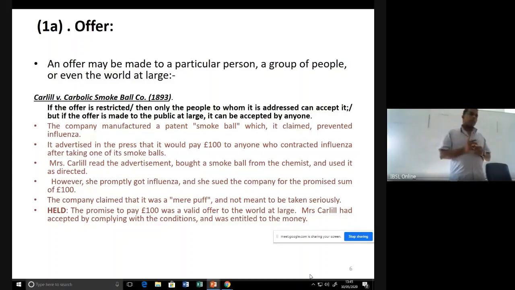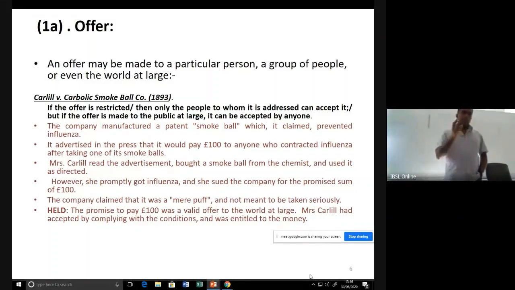Now you may remember, we have three types of offers: addressed to a particular person, addressed to a particular group of people, addressed to the world at large. What happened in this case? This Carbolic Smoke Ball Company Limited, they are a company, they manufactured a pharmaceutical item, a medicine.